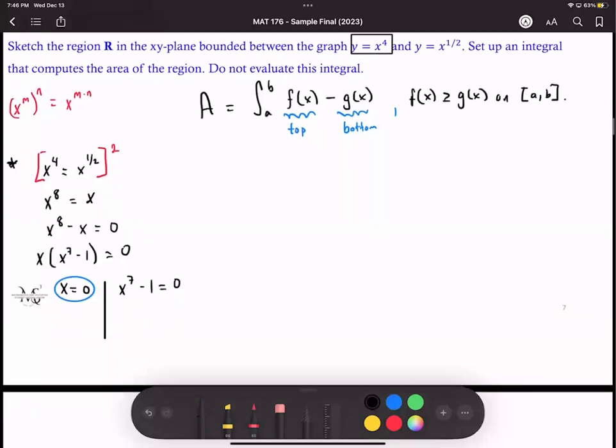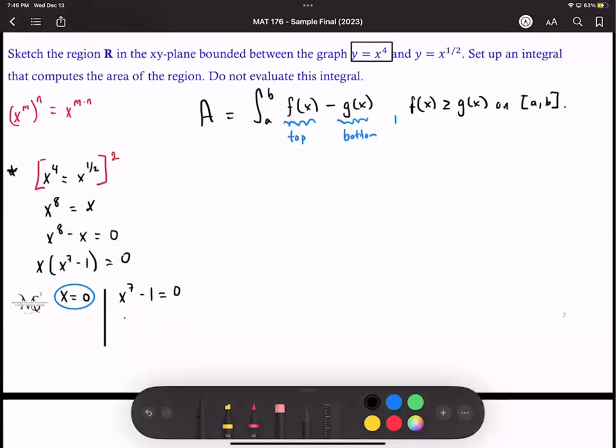For the second point of intersection, you would have to add 1 on both sides. And then you take the, well, not a square root, but rather a 7th root of both sides. So the 7th root of x to the 7th is just x. The 7th root of 1 is just going to be 1.